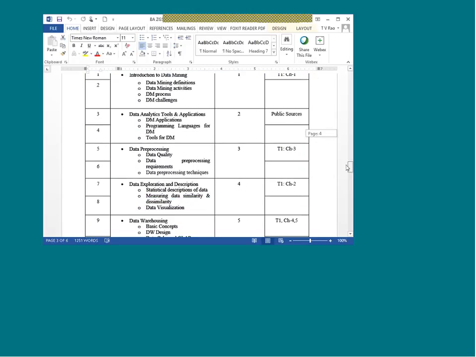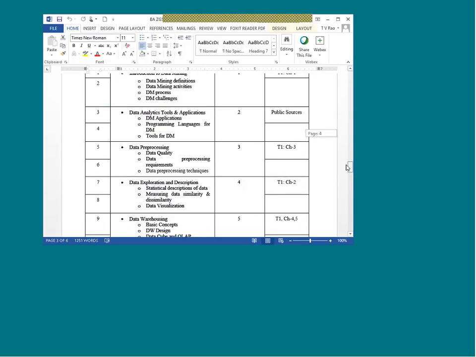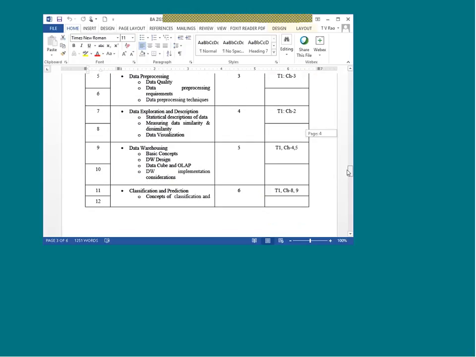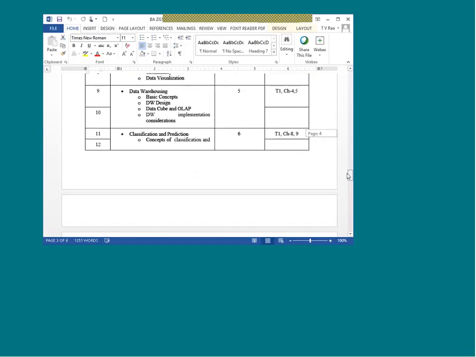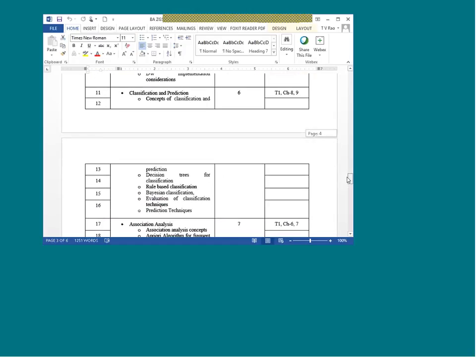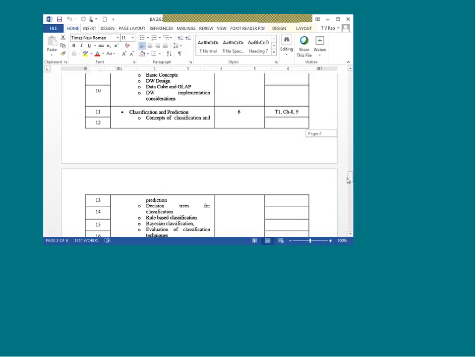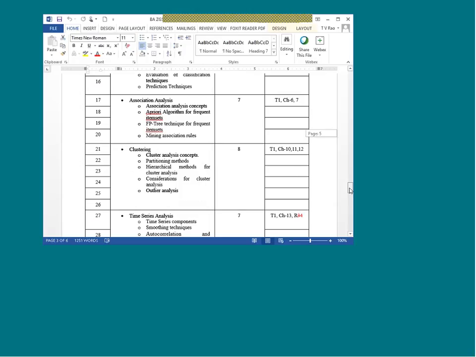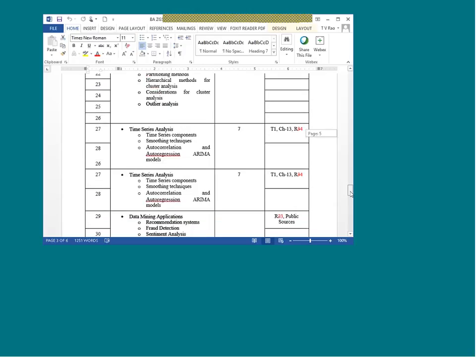So you can see the approximate number of hours that we spend on the topics. You can see that for classification and prediction we plan to spend long hours. Then association will take considerable time. Clustering, time series, then okay.